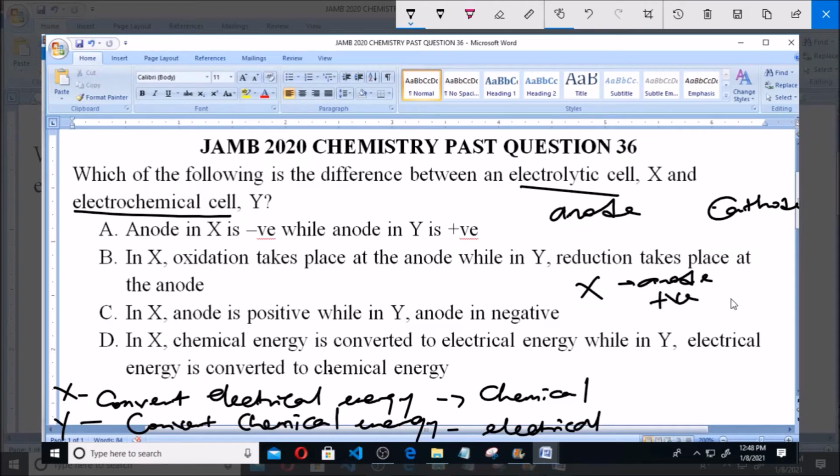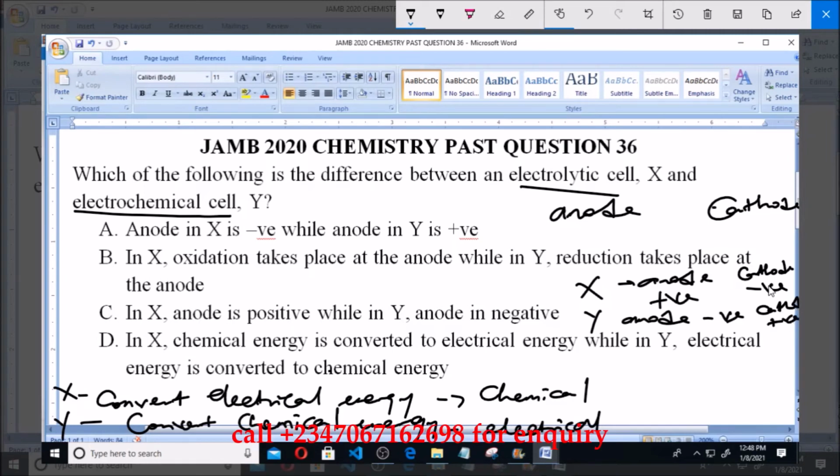Then for Y now, which is the electrochemical cell, the anode is negative. Also for the cathode, in X the cathode is negative, but in Y the cathode is positive.